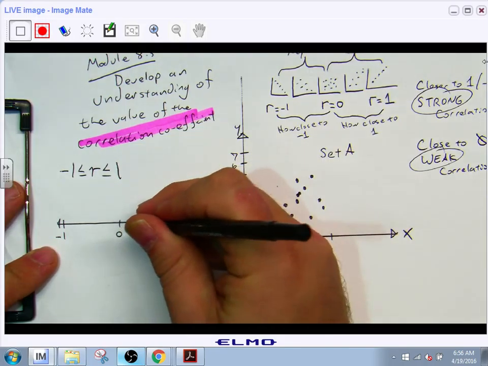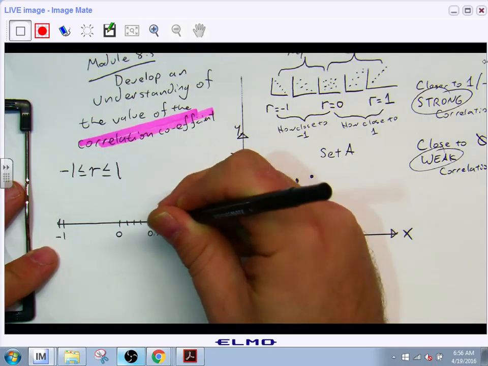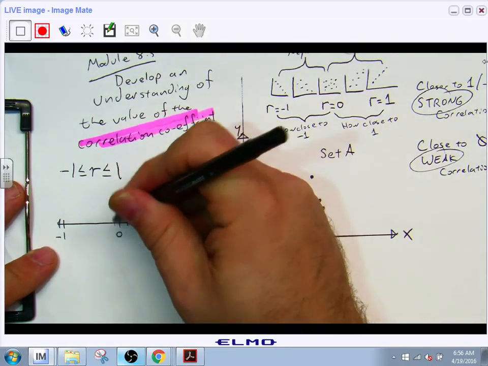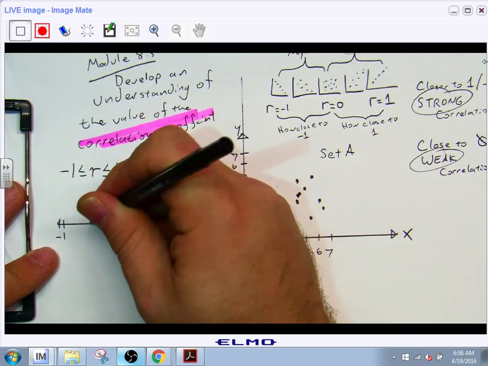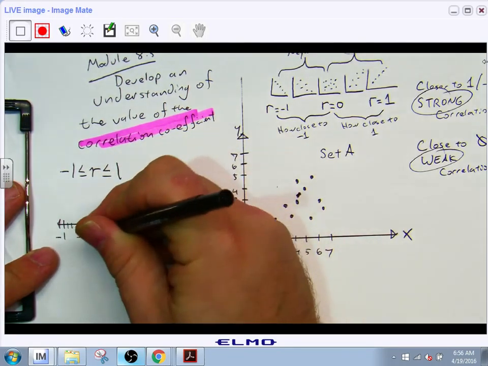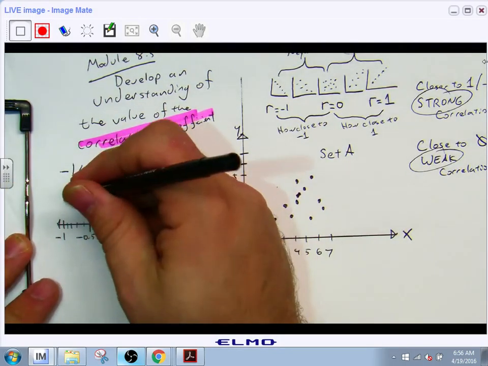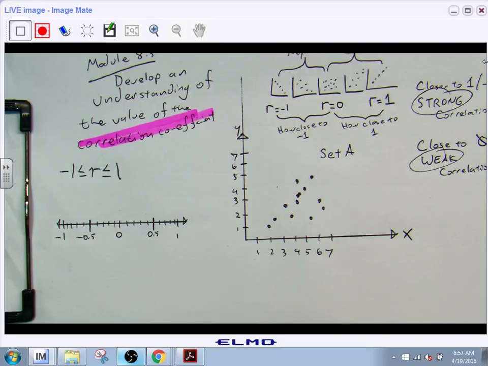So that's 0.1, 0.2, 0.3, 0.4, so this is 0.5 right here. And then 1, 2, 3, 4, 5, 6, 7, 8, 9. This is -0.5.